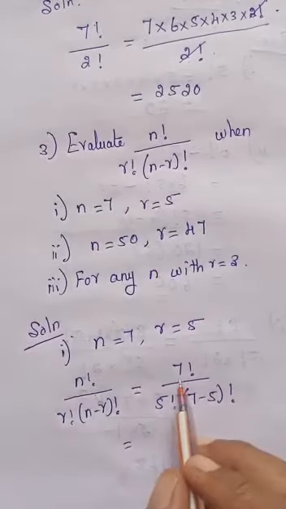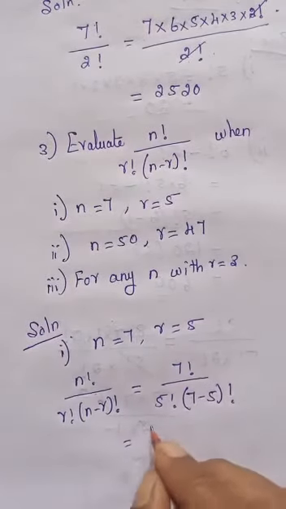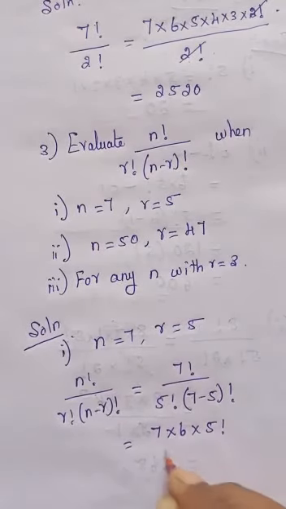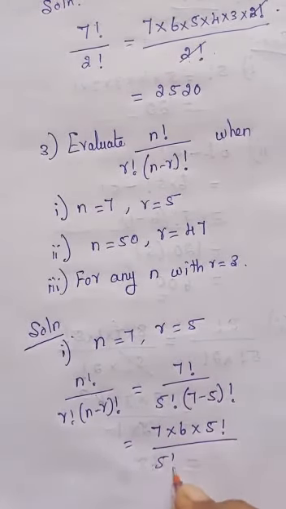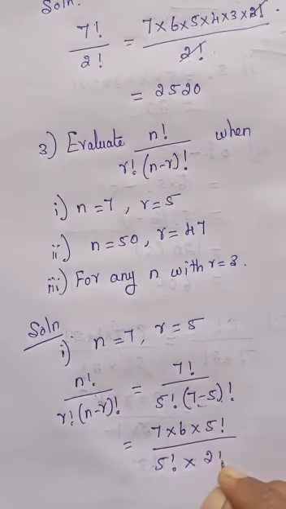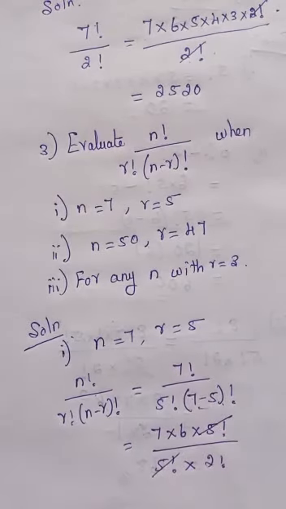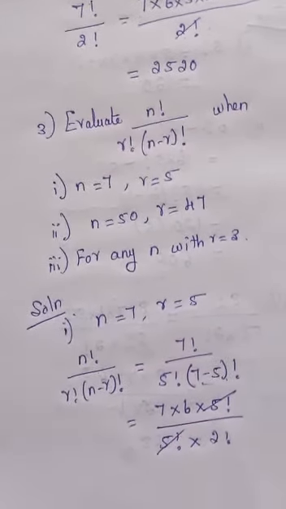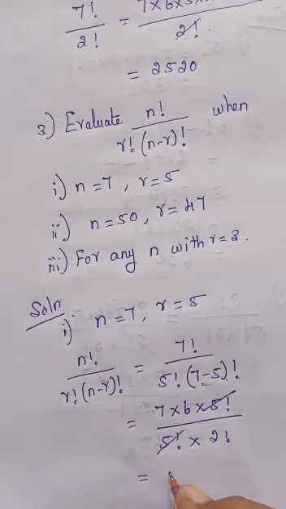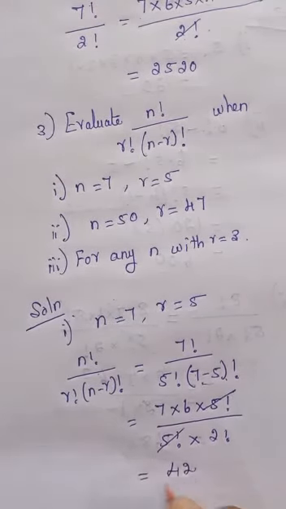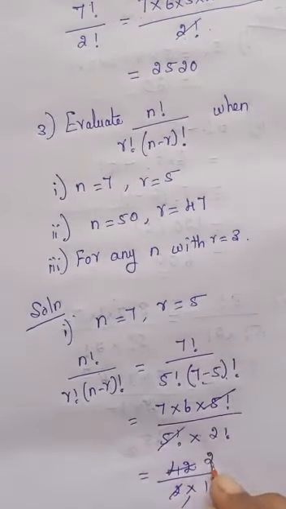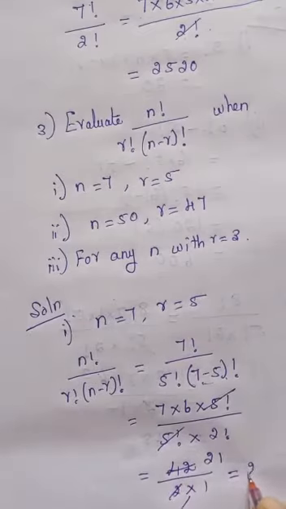Shall we simplify it? 7 factorial, how to write it? 7 into 6 into 5 factorial divided by 5 factorial into 7 minus 5 2 factorial. Now both 5 factorial will get cancelled. 7 into 6. What is that? 42. Divided by 2 factorial is 2 into 1. So our answer is 21.